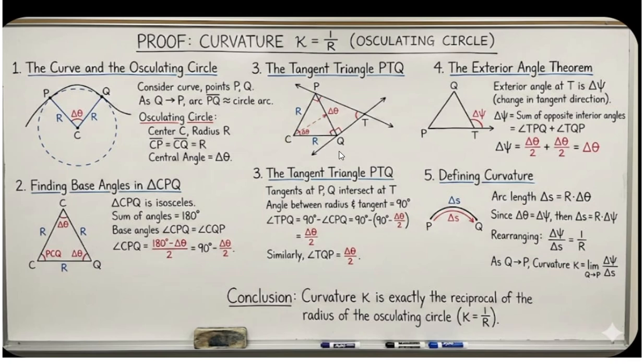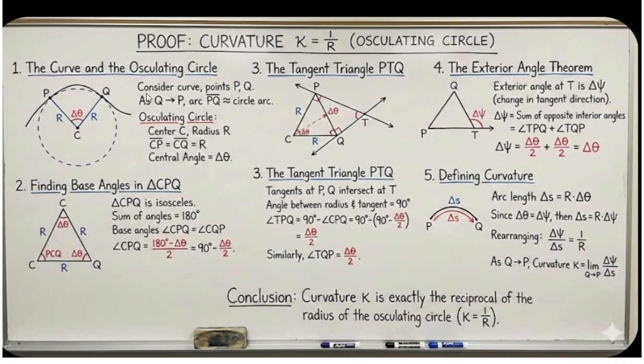Therefore, we need to measure the amount of change in the tangential direction. For that, if you draw the tangents, they meet at T. The angle between the radius and the tangent is always 90 degrees.